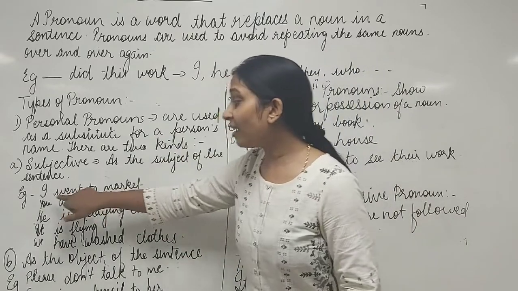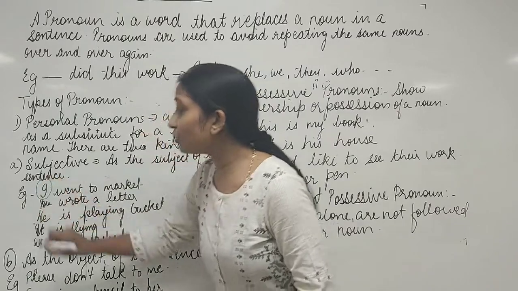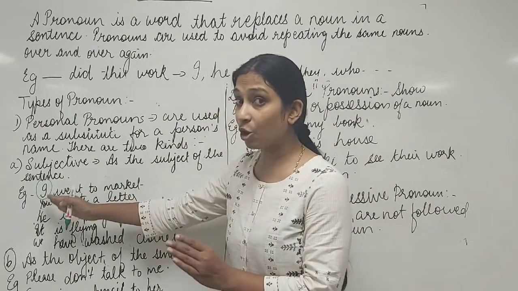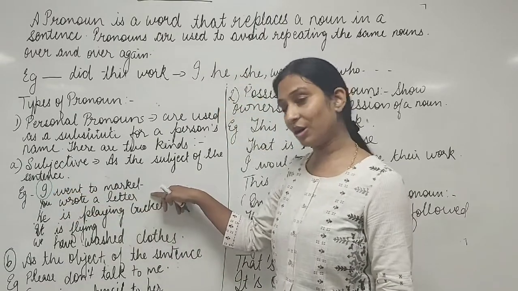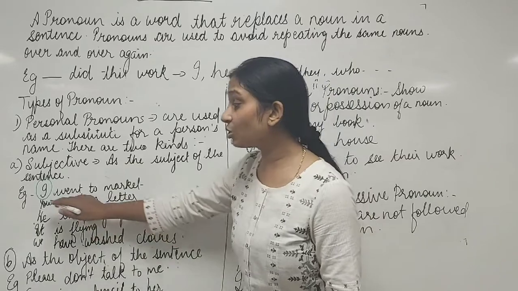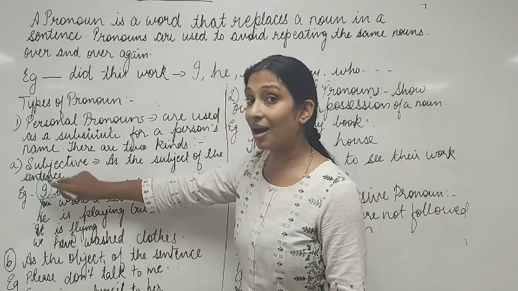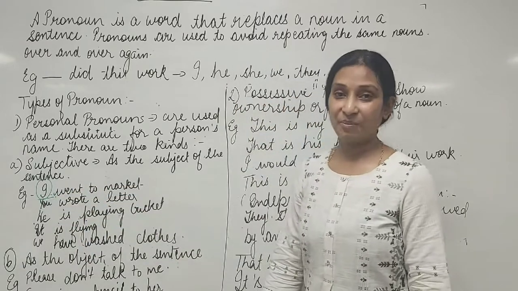Example, I went to market. So, here I is a subjective pronoun. First of all, it is a personal pronoun because it is replacing a person's name. Seema went to market. Okay, instead of Seema, what have I used here? I. And as I have used the word I at the beginning of the sentence, it is a subjective pronoun.